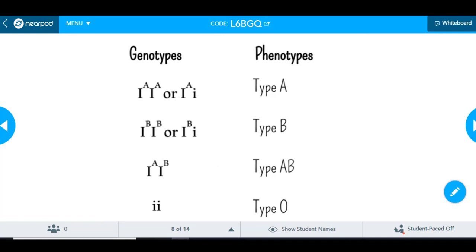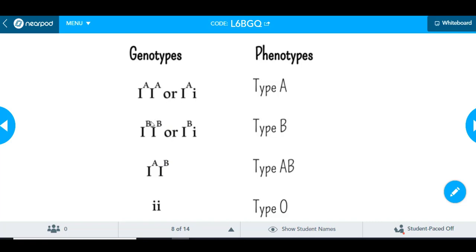If you are type A blood, you have either 2 A genes or you're heterozygous. You got a dominant gene and a recessive gene. If you're type B blood, you got 2 B alleles or you're heterozygous.